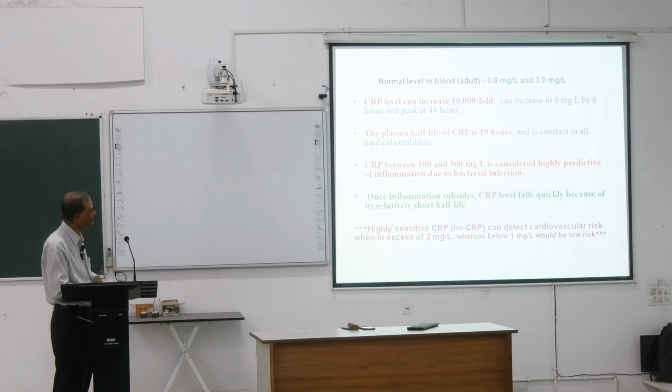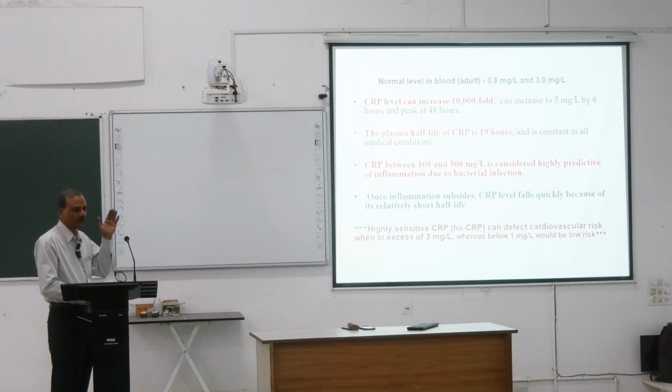So in bacterial infection, which is a common problem in clinical practice, the CRP level will be increased, and once you control it with antibiotics, this level will fall again, because it has a half-life of only 19 hours. So it will come down within 2 days once the infection is controlled. Again, as I told you, once the inflammation subsides, the CRP level also falls rapidly.